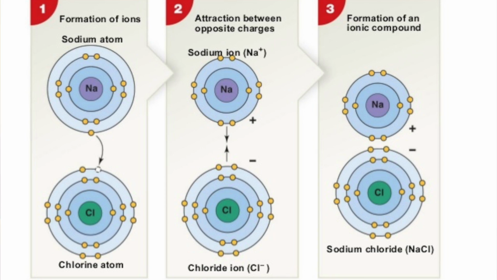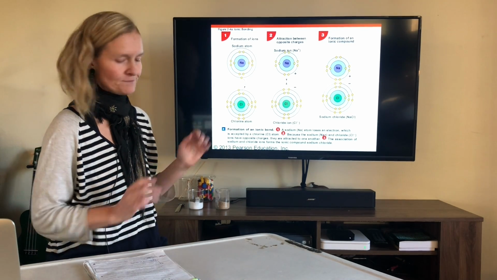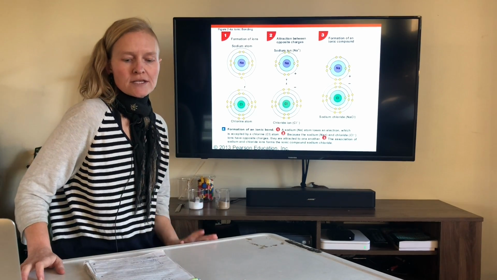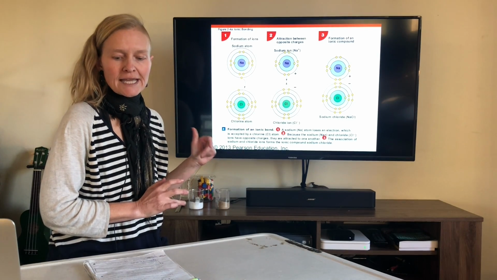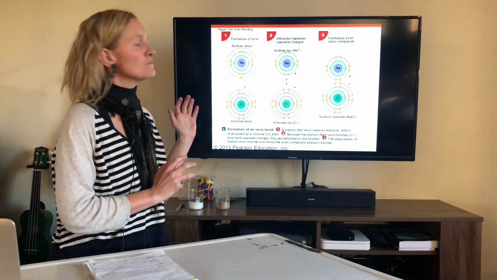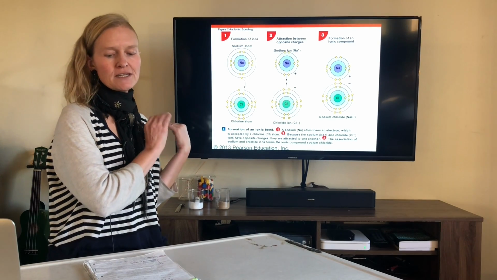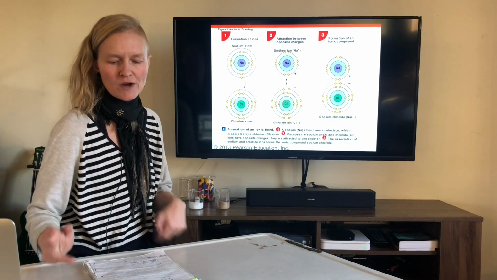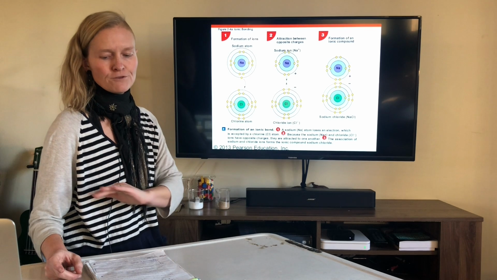This type of bonding isn't the strongest type of bond, but it is one of the kinds of bonds that happens between a non-metal and a metal. Sodium has 11 protons, so it has that one electron in the outer shell far away from its nucleus, and it wants to give it away. It is easily attracted to the protons in the nucleus of the chlorine.